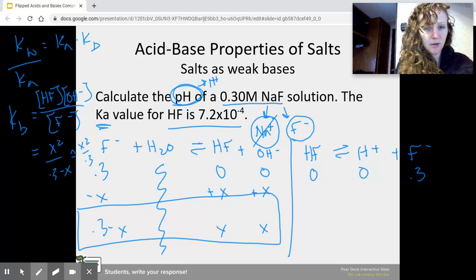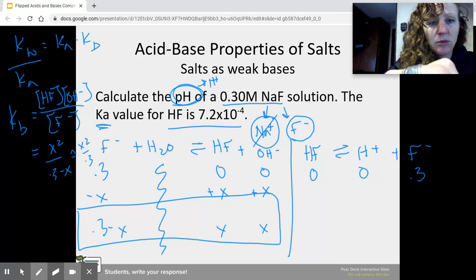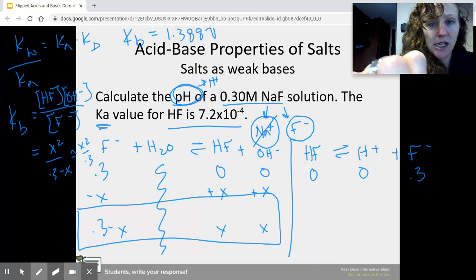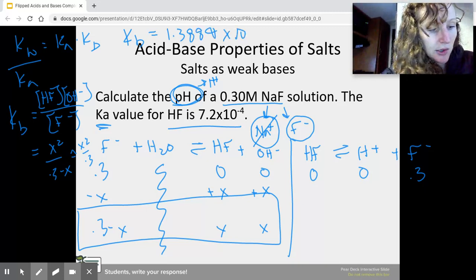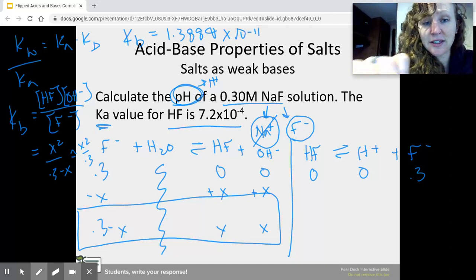So I'm taking Kw divided by Ka, and I get Kb. So my Kb is 1.3889 times 10 to the negative 11. That's a small Kb.